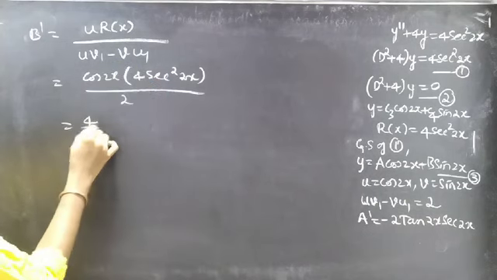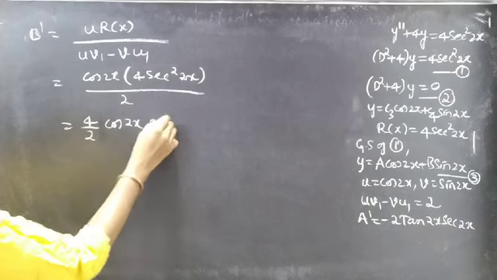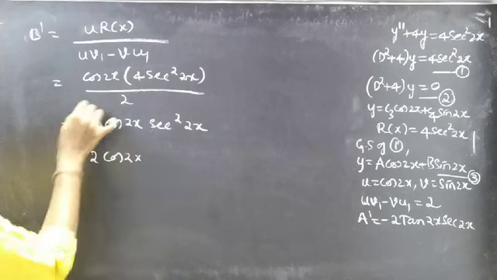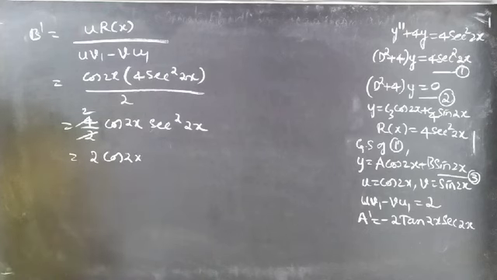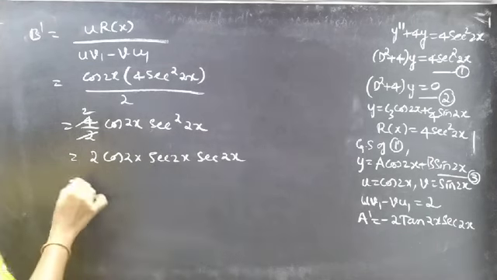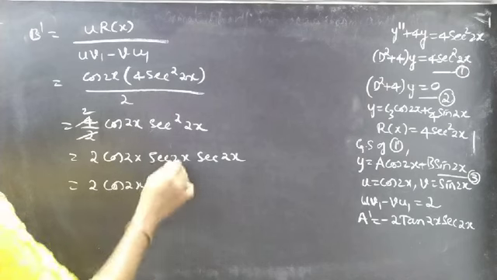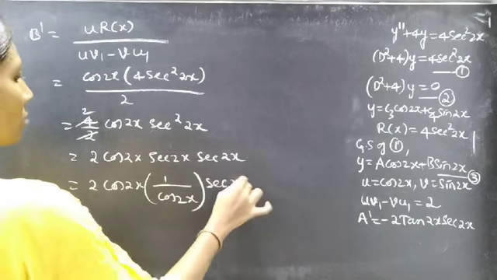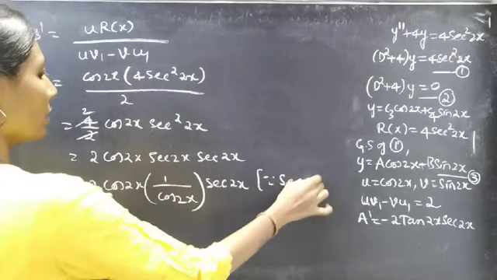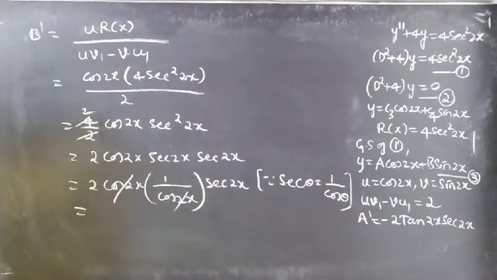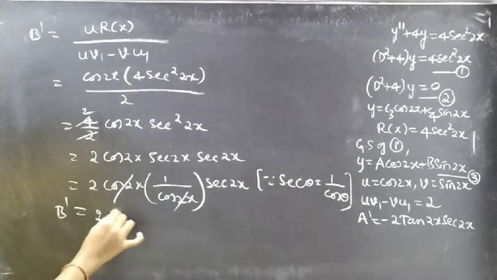This equals 4 by 2 into cos 2x into secant square 2x, which equals 2 cos 2x into, we can write secant square 2x as secant 2x into secant 2x. Now I'll replace one secant 2x with 1 by cos 2x, since secant theta equals the reciprocal of cos theta. Now we can cancel cos 2x. So we'll get b dash equals 2 secant 2x.